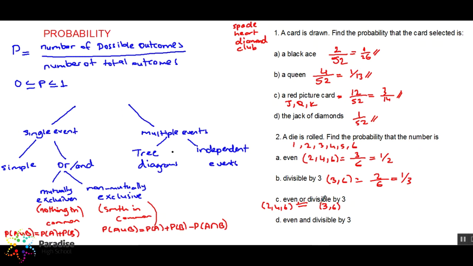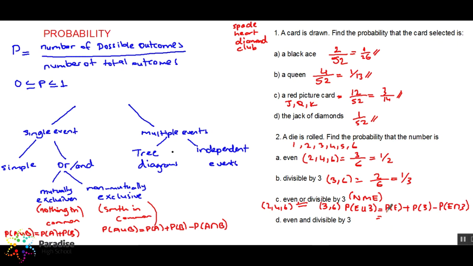Now, even or divisible by 3. This is non-mutually exclusive event. Why? Because there is 6 in common between two conditions. Therefore, how will I write the formula here? Probability of even or divisible by 3 is equal to probability of even number plus probability of divisible by 3 minus probability of even and divisible by 3. So what is the probability of having an even number?